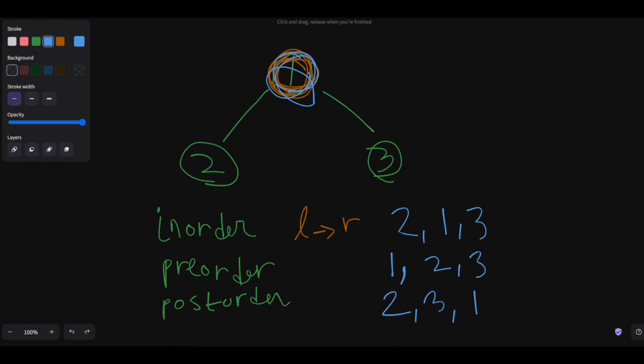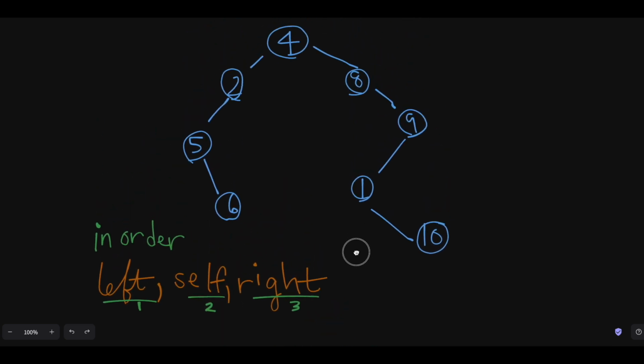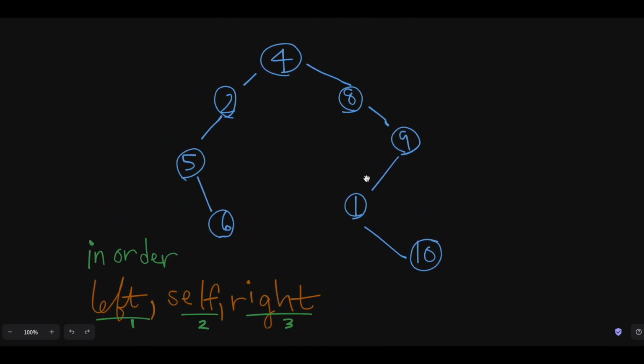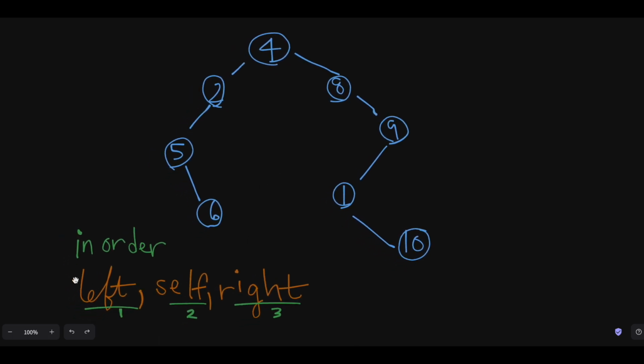Okay, so if we move on to the actual problem, I added this as an example we can go through. Once again, in order traversal is left to right, where I add my left child, then I add myself, I'm in the middle, then I add my right side.